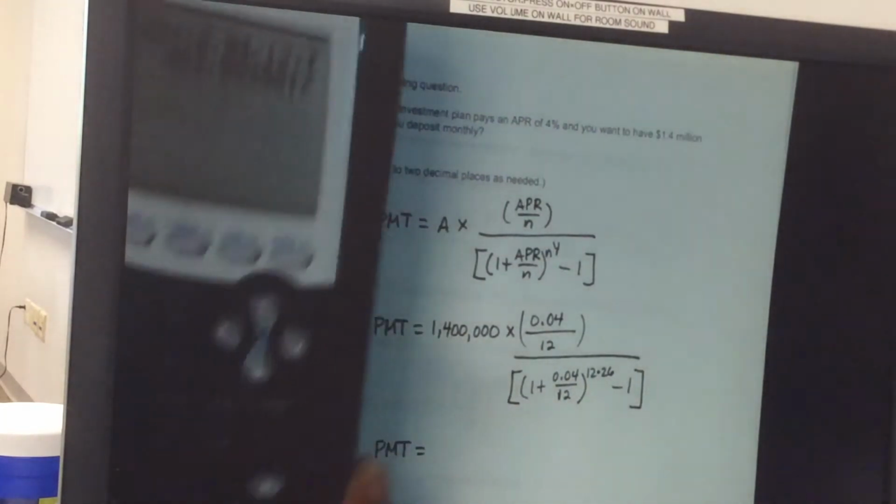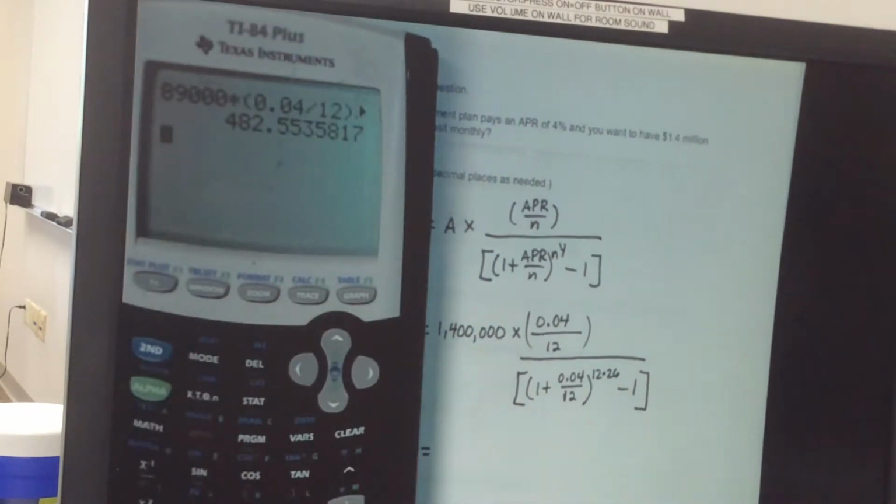So in this case here, I'm going to type in 1, 4 with 5 zeros behind it for 1,400,000 times 0.04 divided by 12, close parentheses, divided by, and then left parentheses, then left parentheses again, 1 plus 0.04 divided by 12, close parentheses, and that's raised to the 12 times 26, and then right parentheses minus 1, close parentheses, and then hit enter.